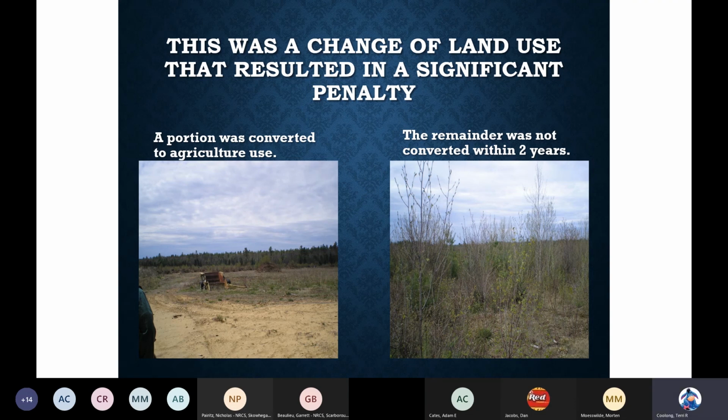Another one, which is coming up quite a bit now, is with people who are doing a solar conversion. You might think that you're going to have a contract with a company, and so you go in and clear 24 acres because somebody's told you that they want to use your land for solar.